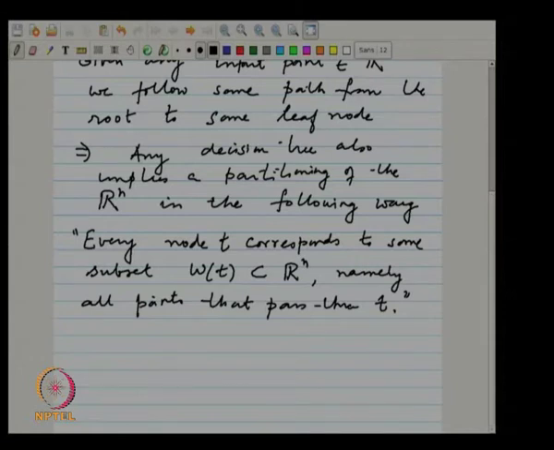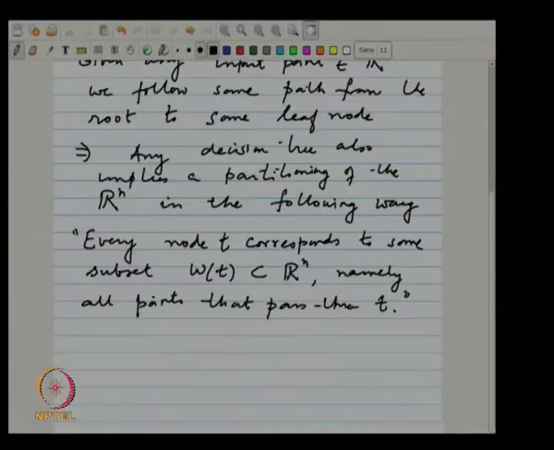So, for any decision tree based algorithm where the basic primitive is taking a linear inequality and finding out whether it is greater than or equal to 0 at any node, whichever points pass through that node, we say that this node is associated with that subset of R^n, W_T I am calling it.